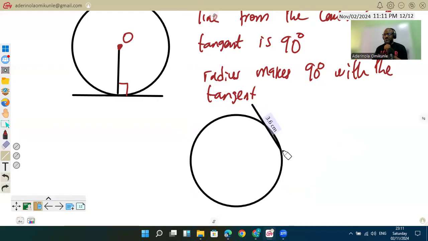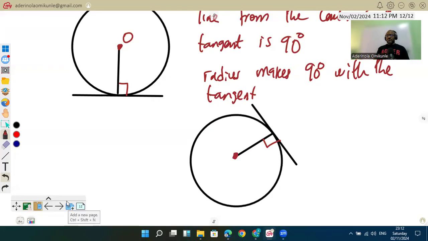I don't want the tangent to be looking odd, so that I'll be able to show that it's not just one way. And this is the center of the circle. So it's the same thing. This place is also 90 degrees. So that's theorem 5. The radius and tangent make 90 degrees, or the line from the tangent to the center is 90 degrees.